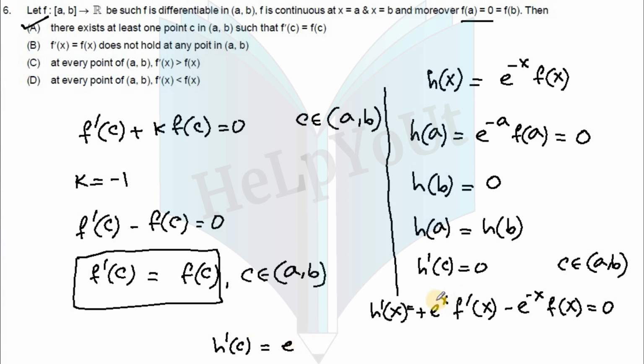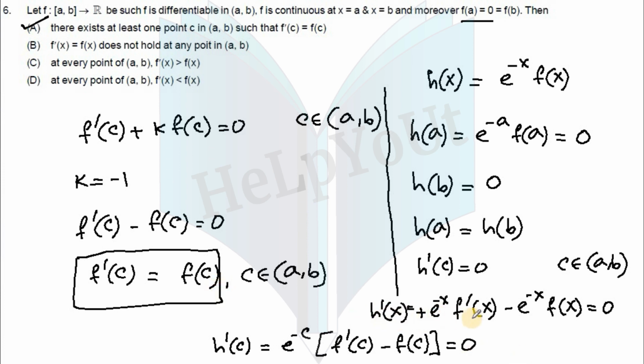E to the power minus c goes outside, so it becomes f dash c minus f c equals 0. E to the power minus c cannot be 0, so f dash c minus f c equals 0, which leads to f dash c equals f c.